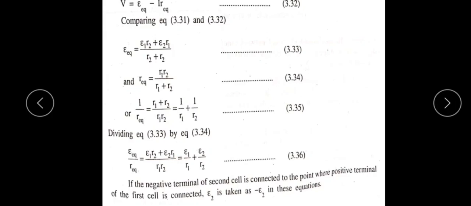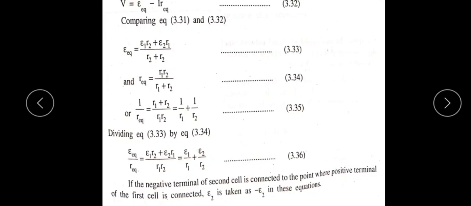R1 plus R2, R1 plus R2 get cancelled, and the remaining term is (E1 R2 plus E2 R1) divided by R1 R2. This can be written as E1 by R1 plus E2 by R2. This is the expression for equivalent EMF.